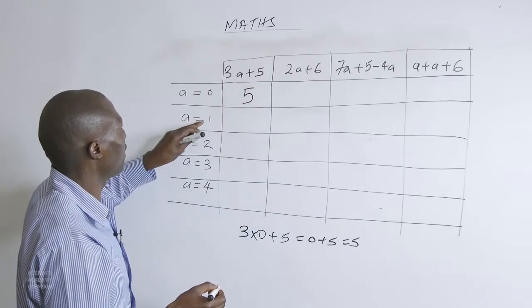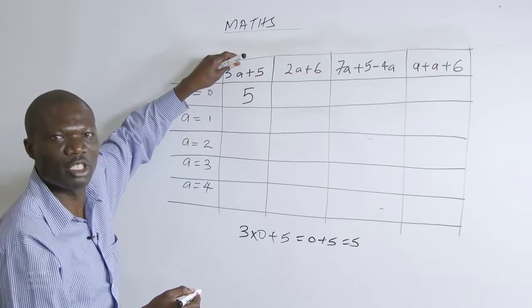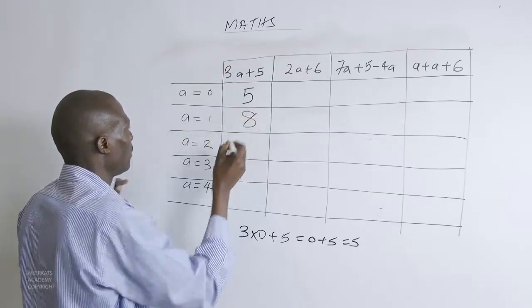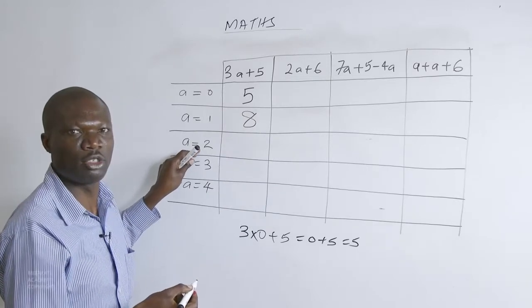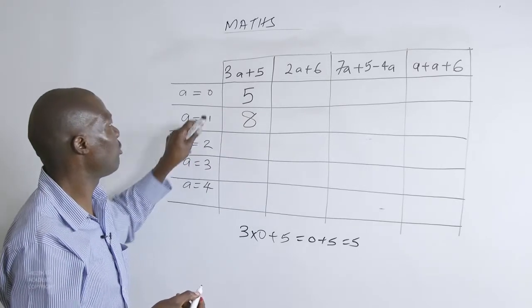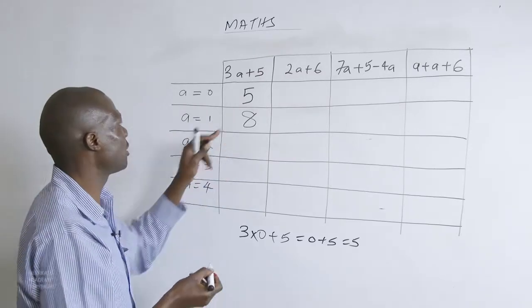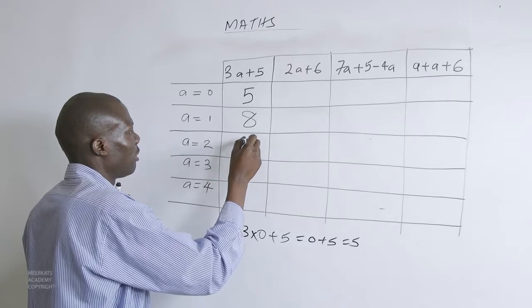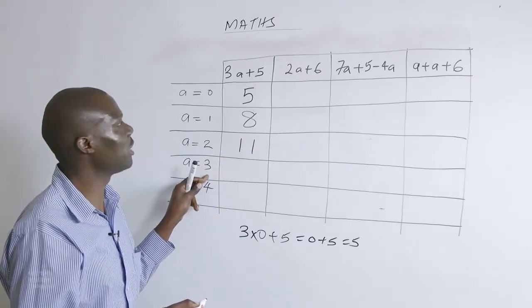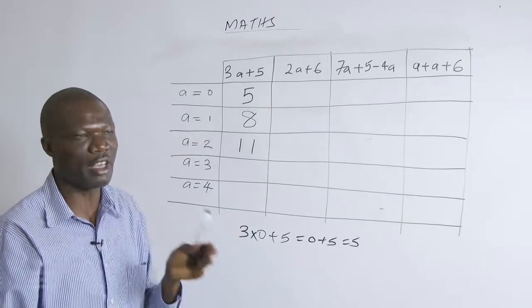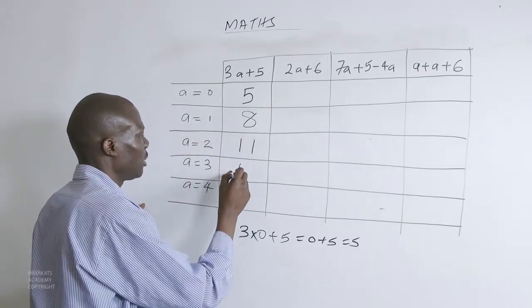Given that a is 1, it will be 3 times 1, which is 3, plus 5, which is 8. When a is 2, we shall have 3 times 2, which is 6, plus 5, 11. When a is 3, it is 3 times 3, which gives us 9, and 9 plus 5 gives us 14.